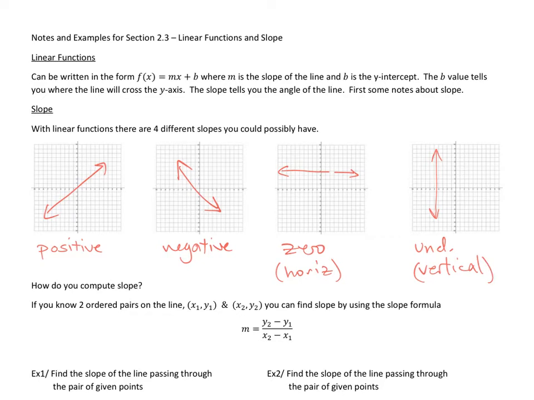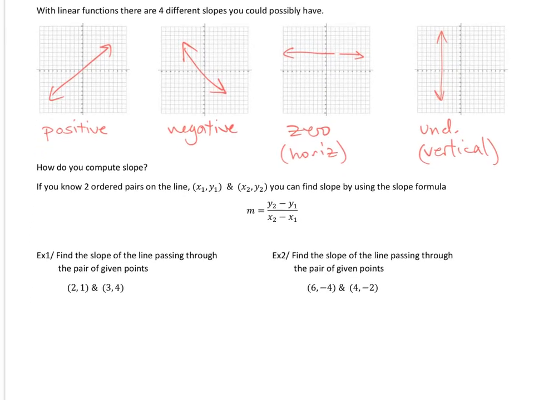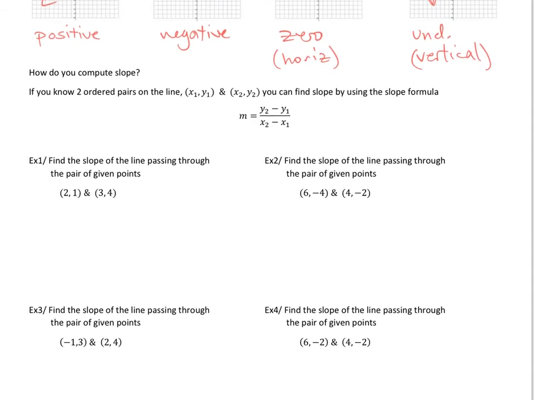But right now I want to concentrate on slope, and I want to show you how to compute a slope. You can compute a slope if you know two ordered pairs on a line. One ordered pair being x1, y1, and one ordered pair being x2, y2.